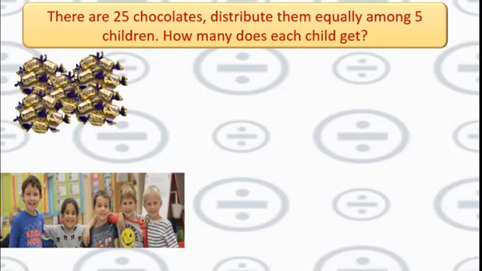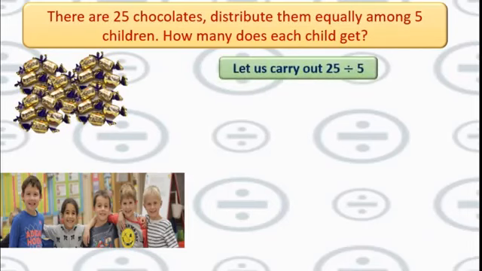Okay, now what we have to do here? You know that we will carry out the division. Total number of chocolates divided by number of children. We will write in division form. See, I will write here 25 and you know that this is also a division symbol. Here we will write 5 outside this symbol.